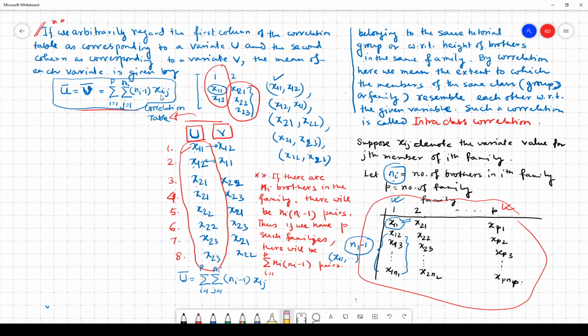Please tell me. So now the next part, that is SU square, which is the variance of U. No problem, please check yourself. U bar equals V bar equals this.